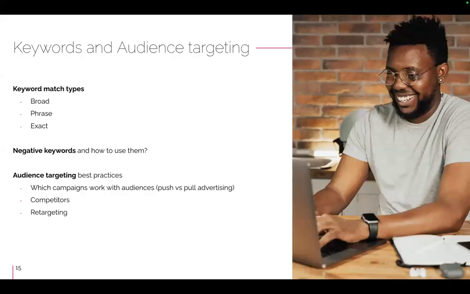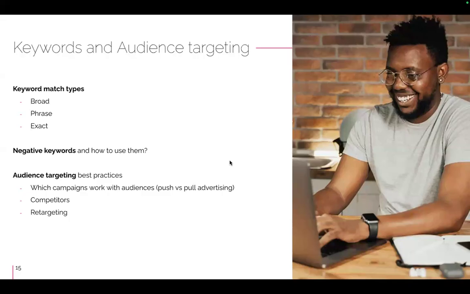So phrase match would be the right term to use. Then there is exact match. An exact match keyword would be that somebody bid for the word dog toy in those exact terms, using the same spacing, the same letters, the same everything. And only then, if I searched those words, would their ad come up.